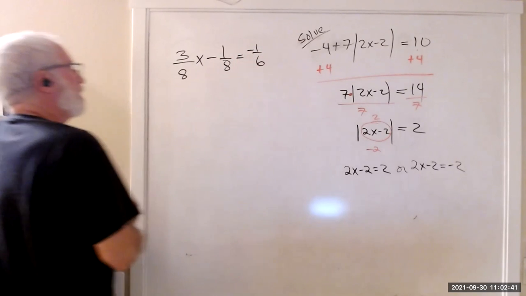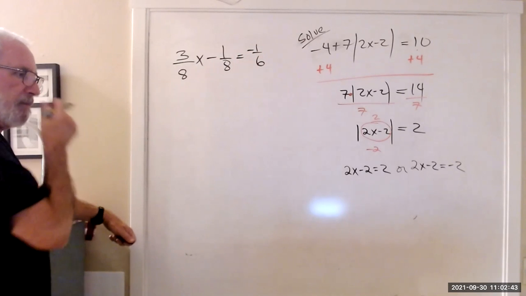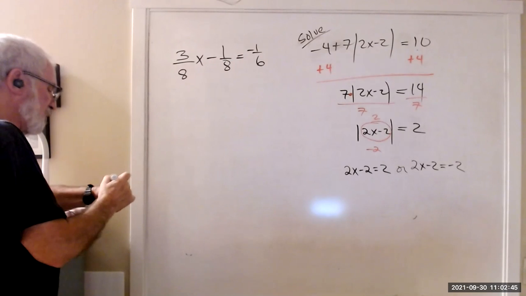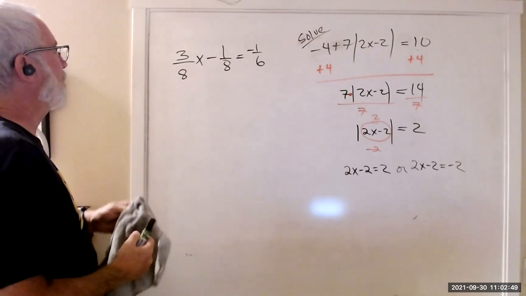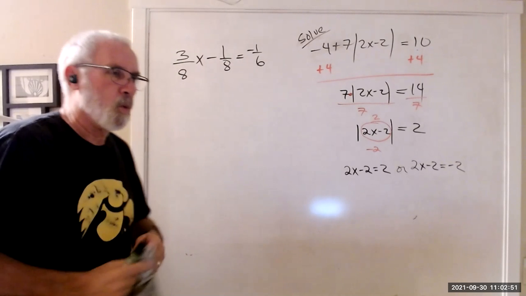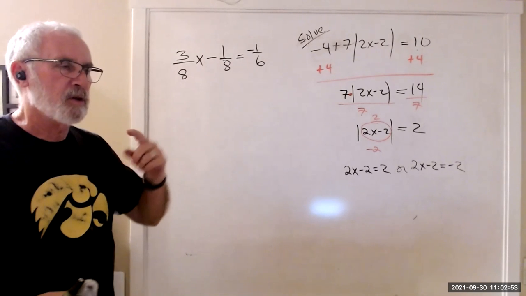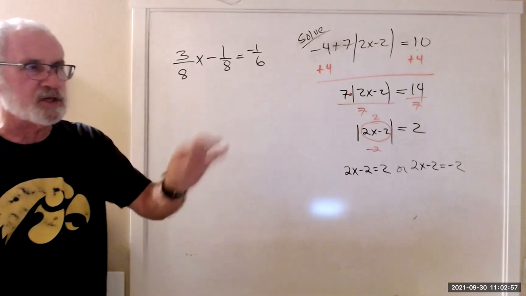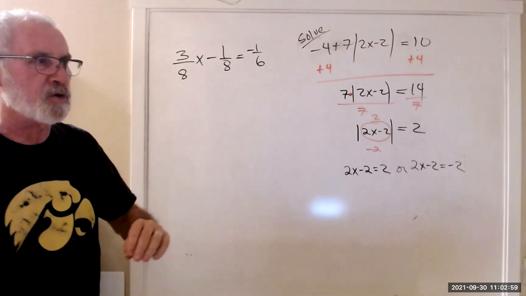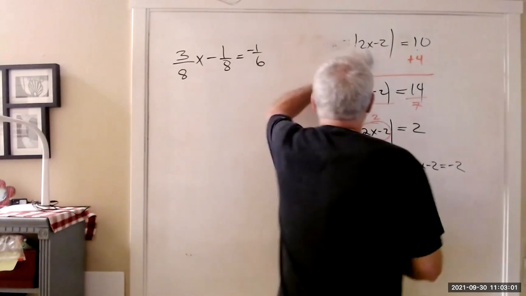And this is that LCD question. There are a couple of ways to do this, but I'm going to use the LCD. What's a number that 8 and 6 go into? Not that goes into them, but they go into. What does 8 go into and 6 go into?